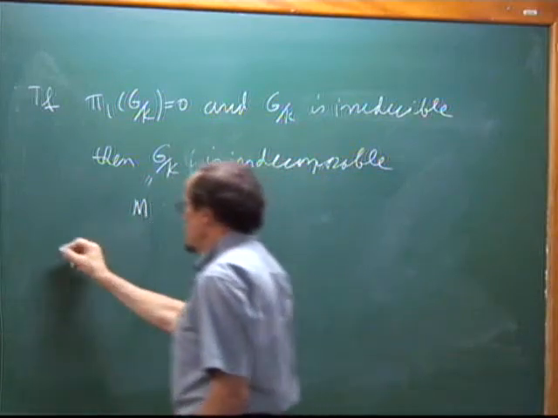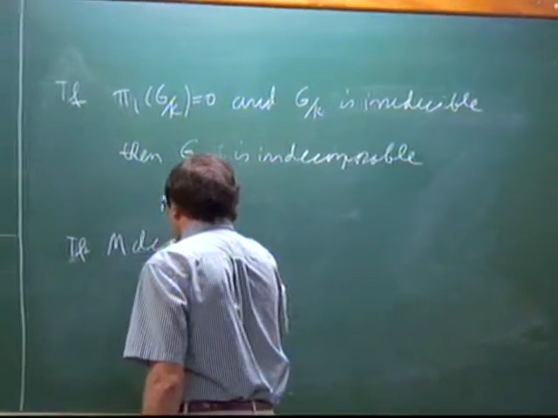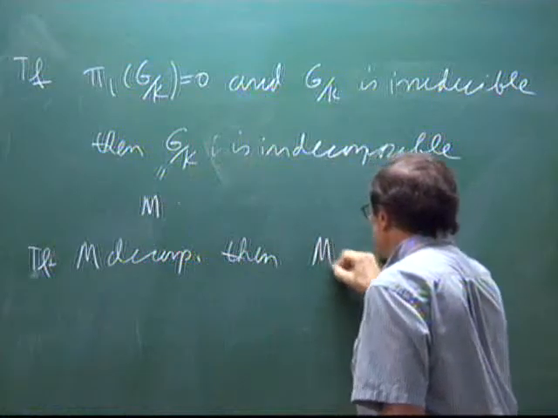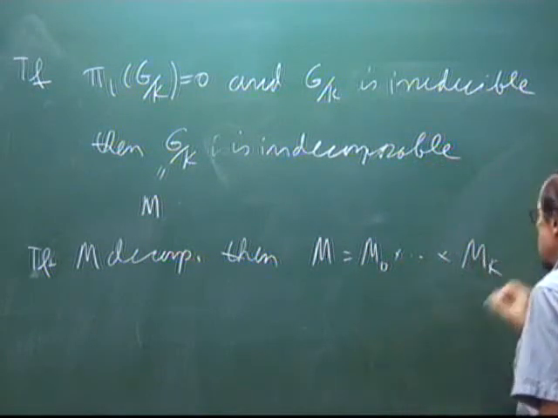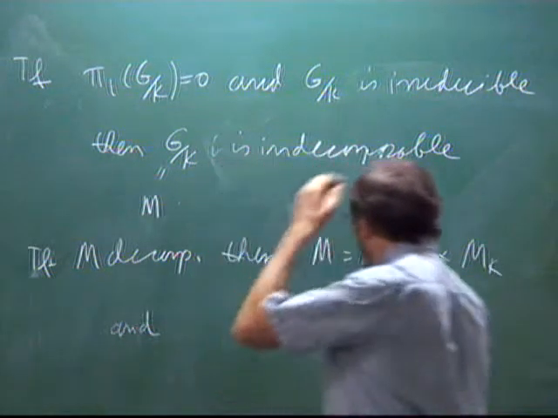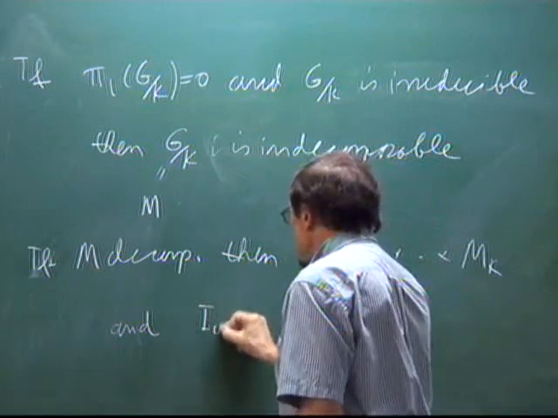Proof is very easy. Well, if M is decomposable, then M is a product, and the isometry group then splits.